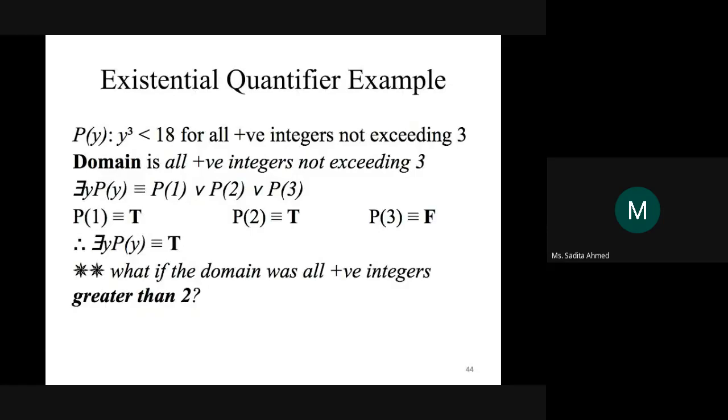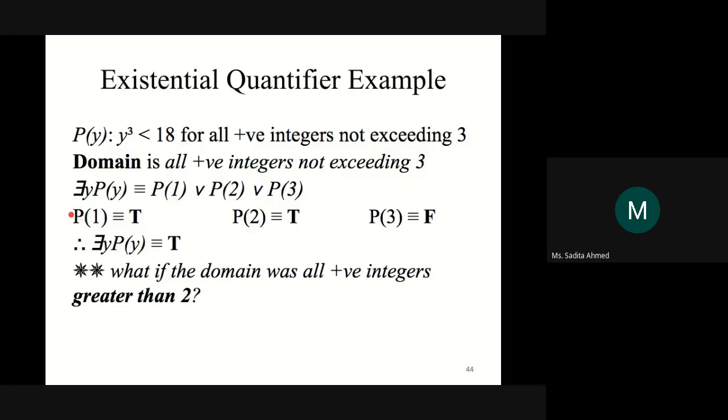Yes, and the lowest value in this set is what? 3. And even for the lowest value, as you can see already, the proposition is false. So it's definitely going to be false for higher values, because the statement involves y cube less than 18. So if it's false for the lowest value, which is 3, it will definitely be false for the higher values.